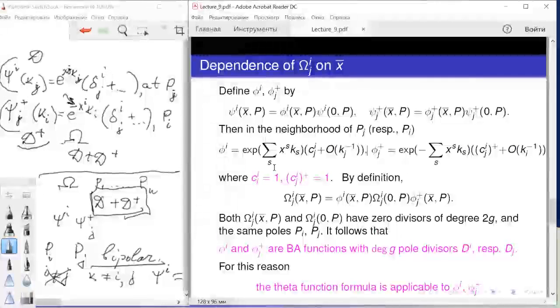Hence phi i and phi j cross are functions with exponential singularities. Phi's just inherit exponential singularities from psi and psi cross.